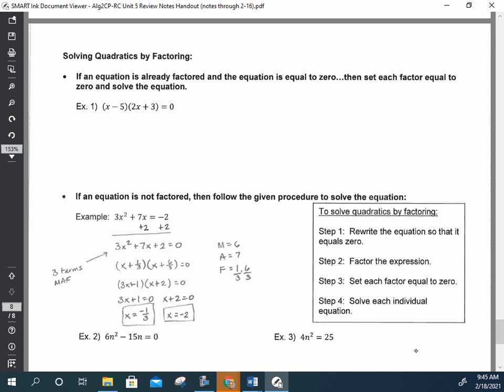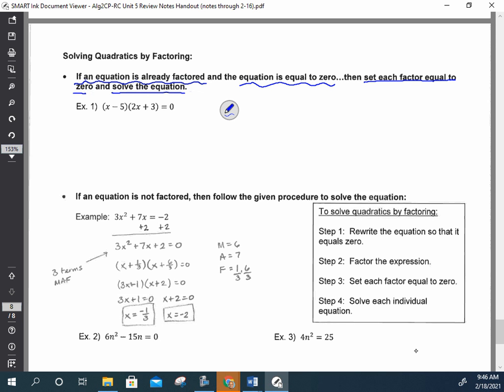Now, if the equation is already factored and the equation is equal to 0, then set each factor equal to 0 and solve the equation. So if it's already been factored for you and it's already equal to 0, then all you have to do is break the problem apart and start solving.